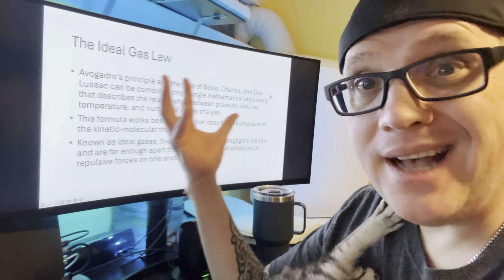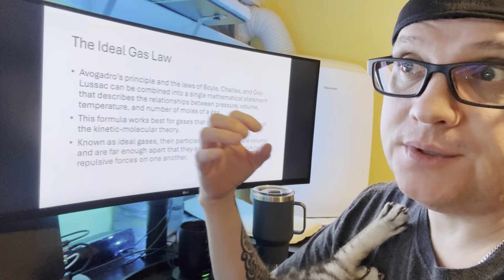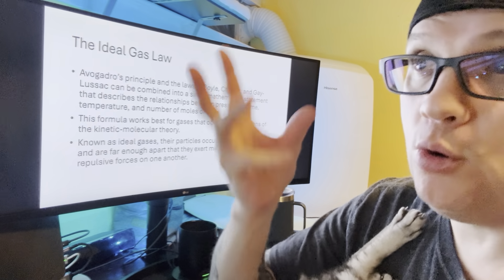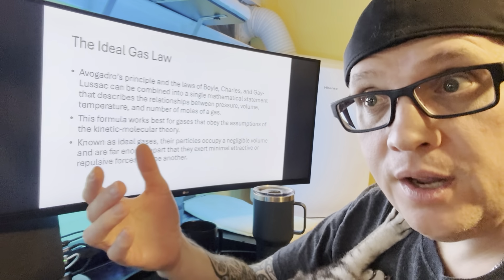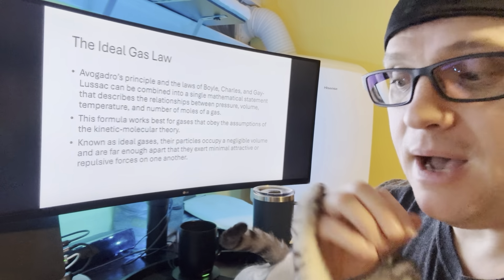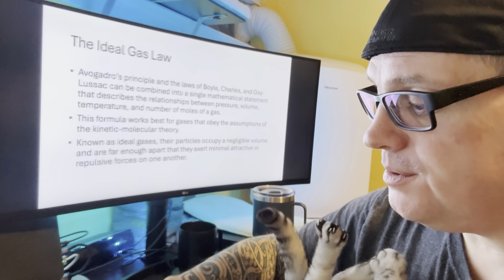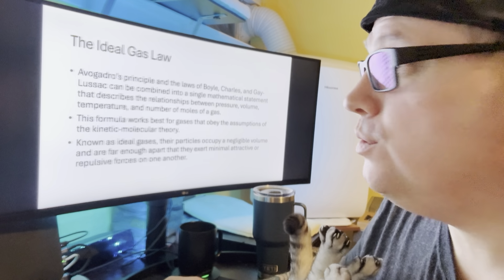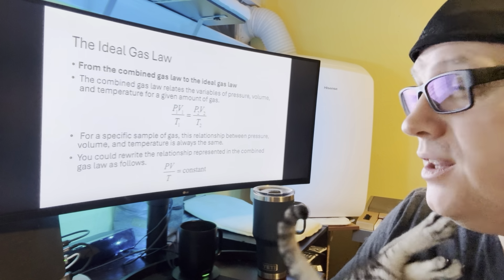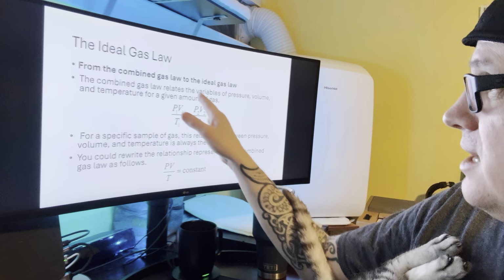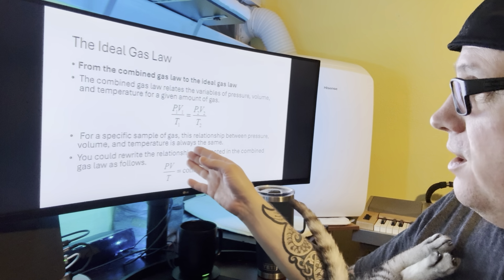All right. So the ideal gas law uses this concept to bring together Boyle's, Charles's, and Gay-Lussac's laws and the ideas of kinetic molecular theory to help us understand the amounts of the substance. So this helps us get the amounts, which is kind of cool. It's a really interesting application. They all just come together. If you look at the combined gas law, P1V1 over T1 equals P2V2 over T2.